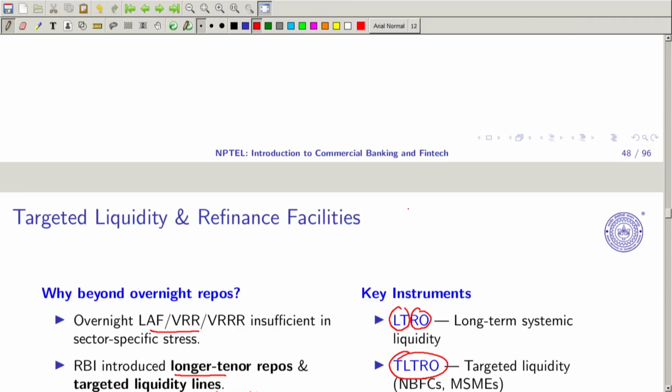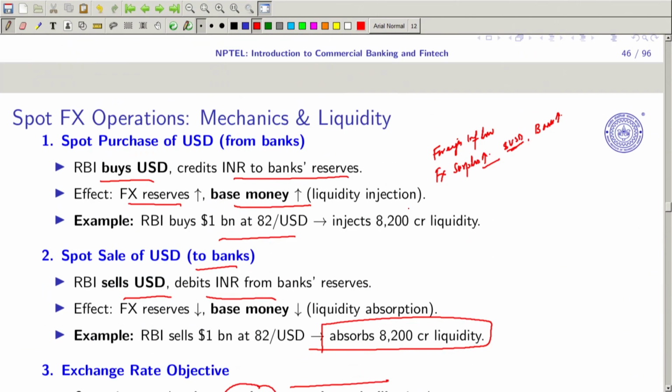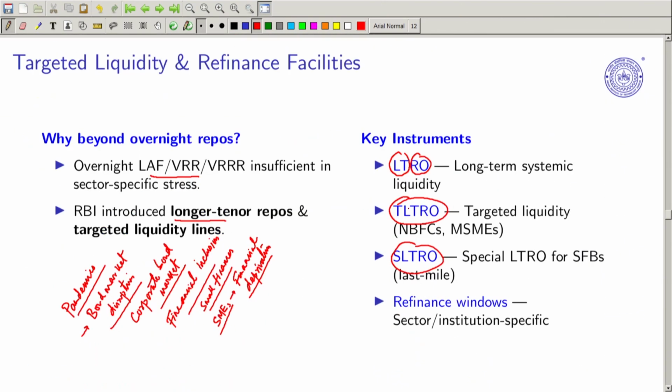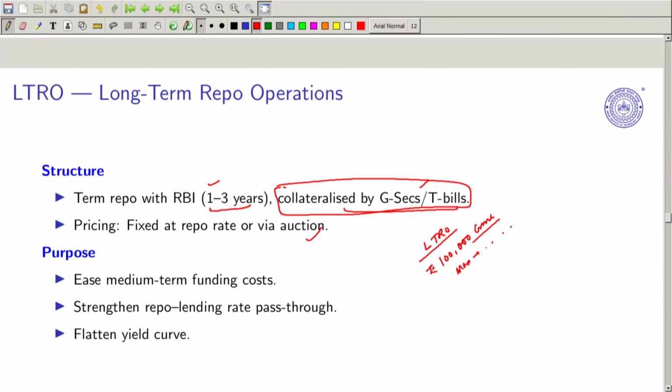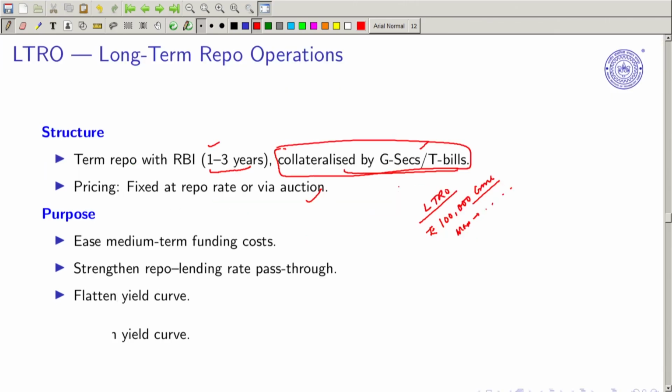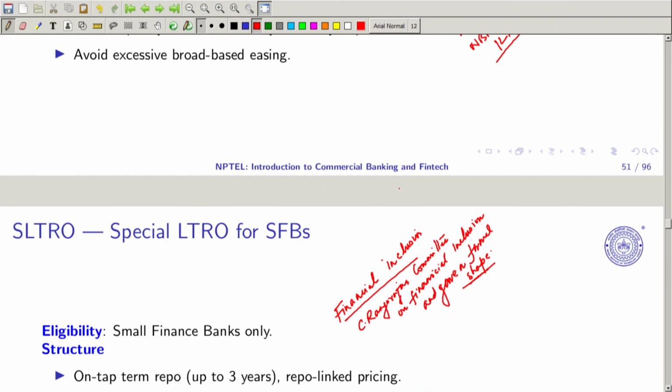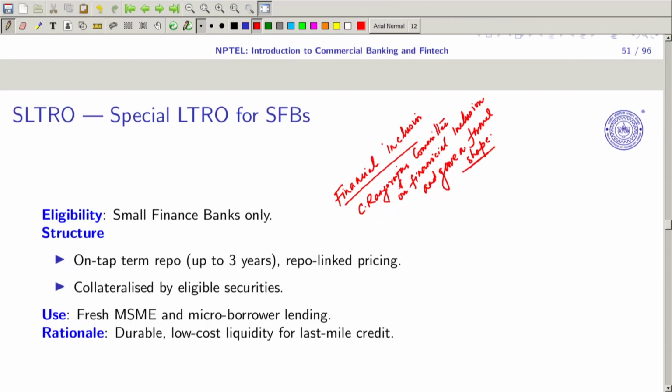Let me summarize what we covered so far in this particular session. We went through understanding the unconventional monetary policy measures. We went from the spot operation to the targeted liquidity and refinance facilities, then the long term repo operations, and then the targeted long term repo operations, and especially the special long term repo operation.